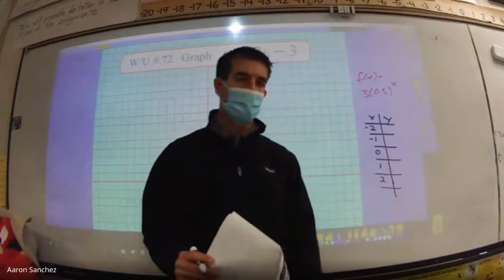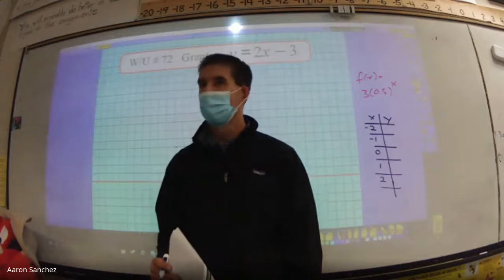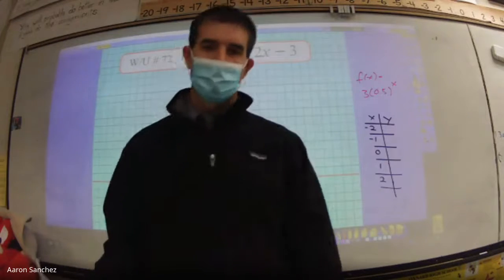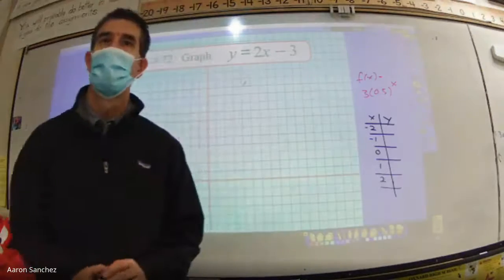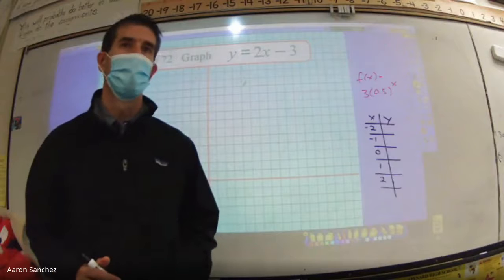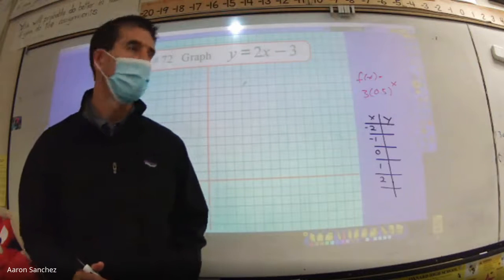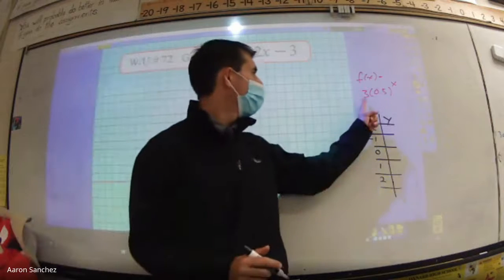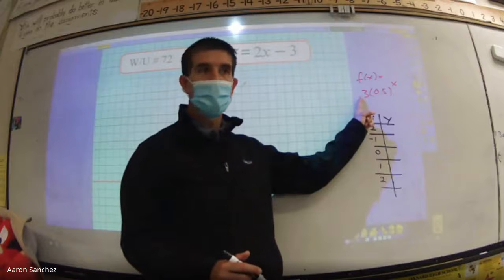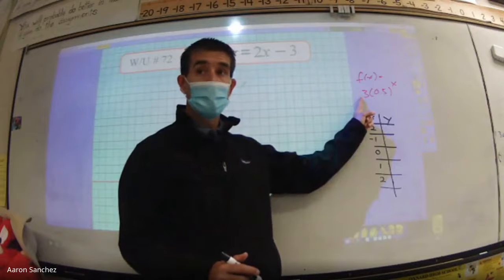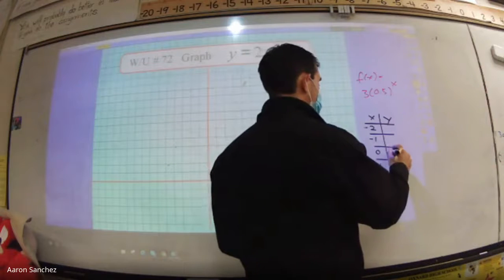I'll wait till everyone gets their graph set up. All right. Here's the easiest way to graph this. This is my y-intercept, right? The number here. So this first number, you put it in front of the 0. And we'll put 3.